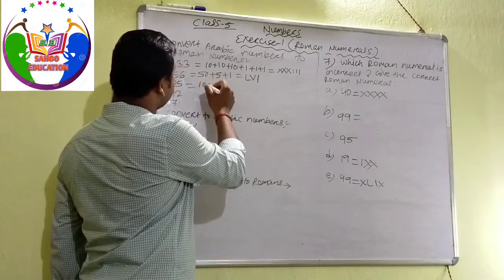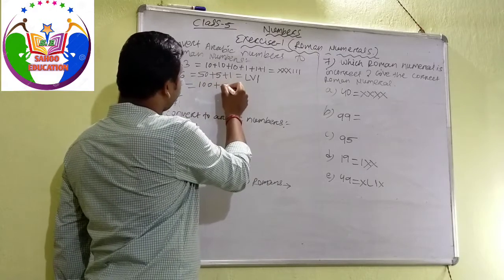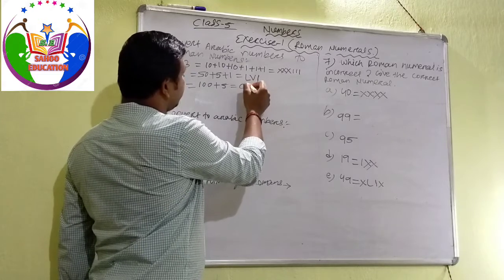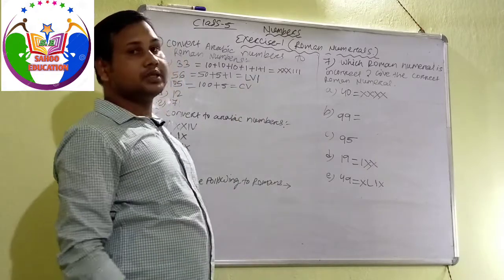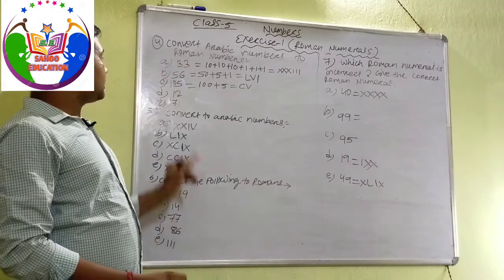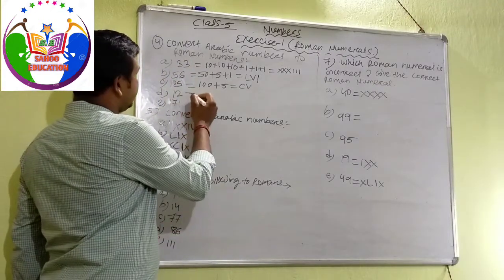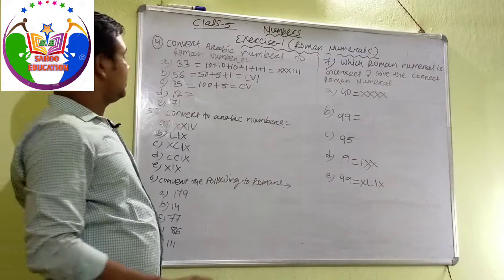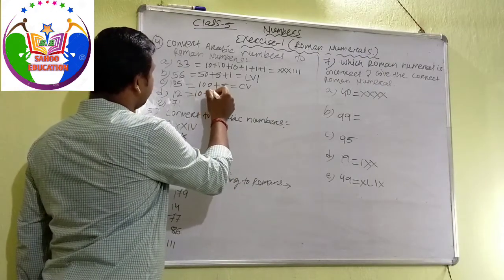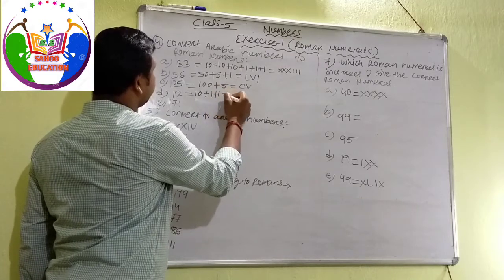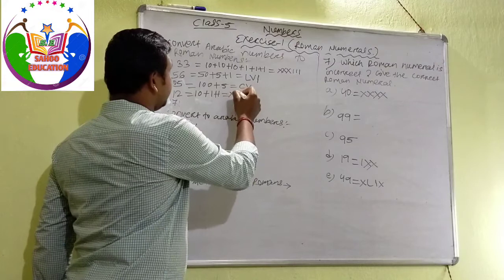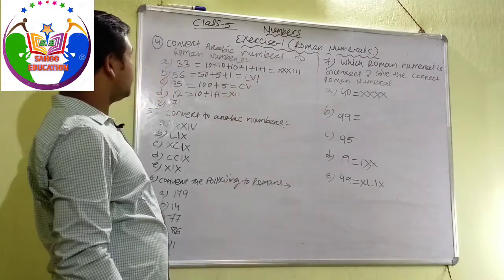It's split as 100 plus 5. Okay. So the 100 is C and 5 is V. So CV is for 105. Now we will discuss the question number D, that is 12. Here we can write 12 as 10 plus 1 plus 1. 10 is for X, 1 and 1, that is II.